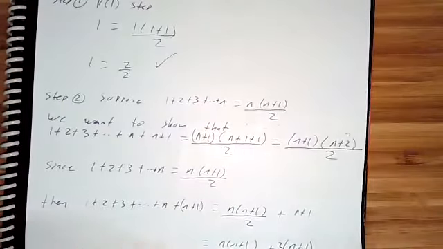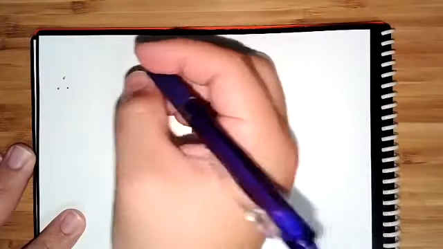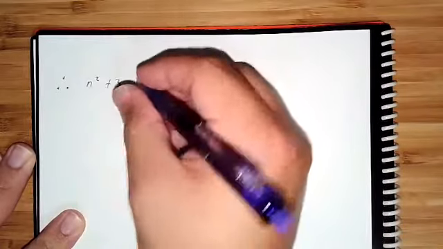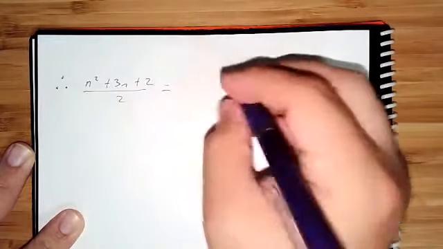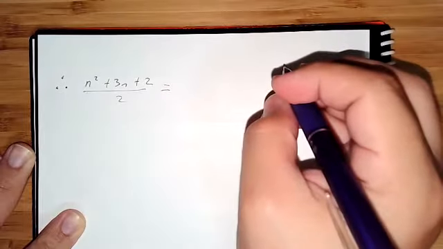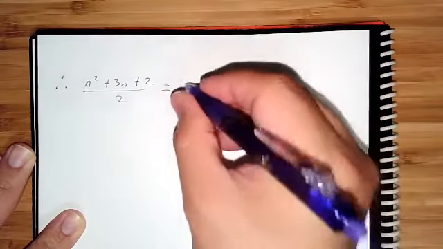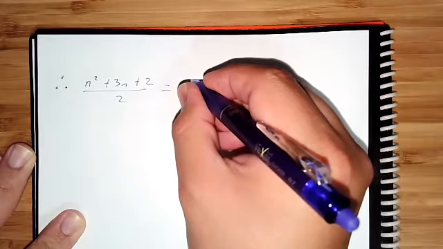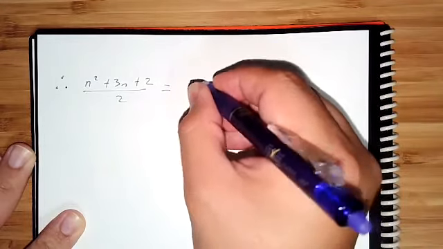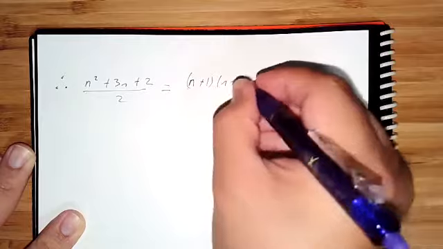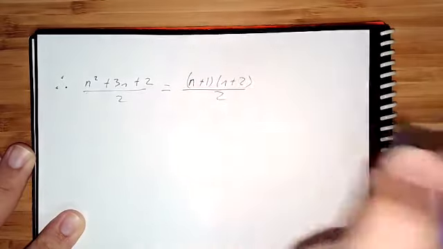Let me show them the last step over here. Conclusion, right? So therefore, n squared plus 3n plus 2 over 2 is equal to n plus 1 times n plus 2 over 2.